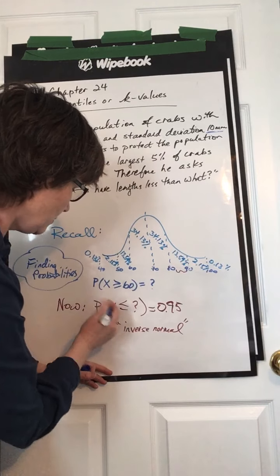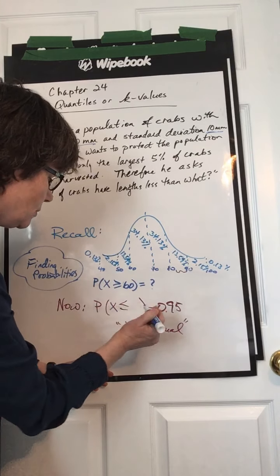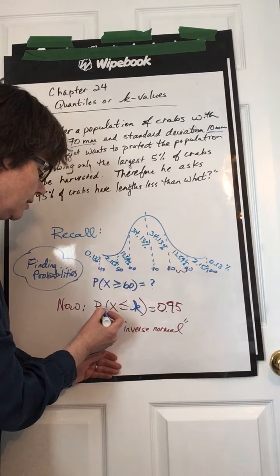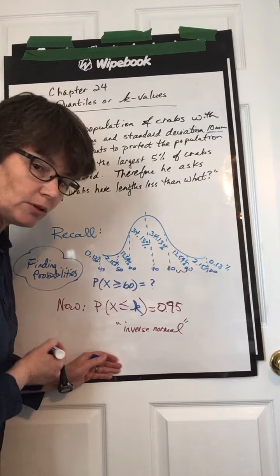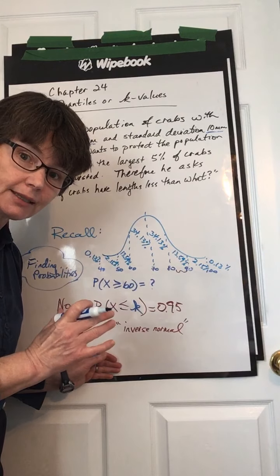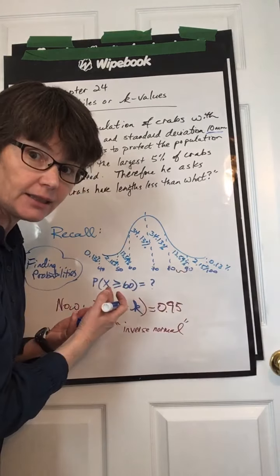This is what we'd write out in the beginning, except instead of a question mark, we would put a k here, using proper notation: the probability that X is less than or equal to k equals 0.95. Now, we can only do less thans, so if we're actually looking for greater than, we have to find the less than instead.